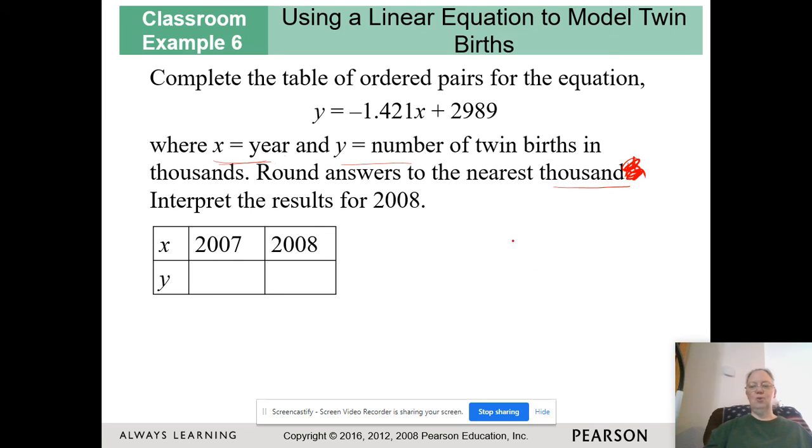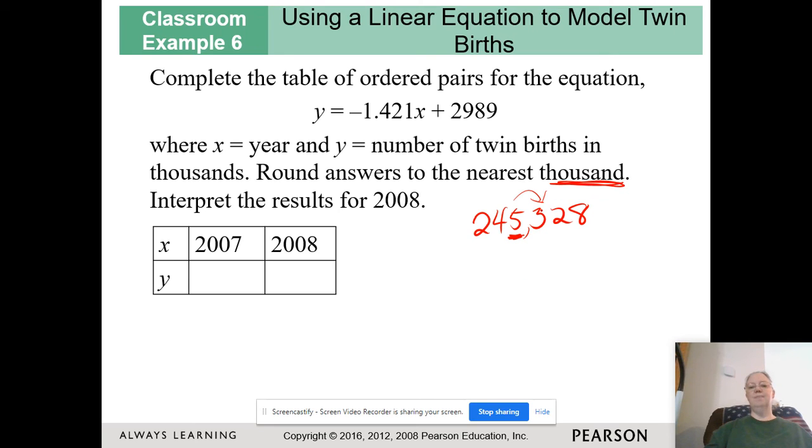So you guys are probably not familiar with rounding to the nearest thousand. Let me show you what that would look like. Let's suppose I had 245,328. I just made up this number. To round to the nearest thousand, this is my thousand place. I would look at the number to the right.